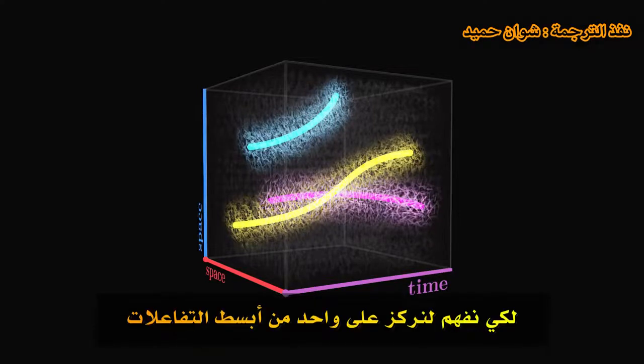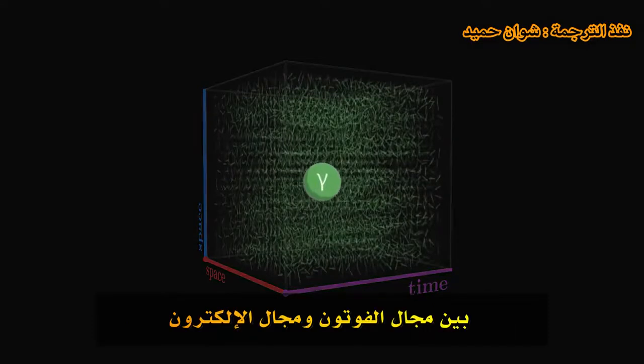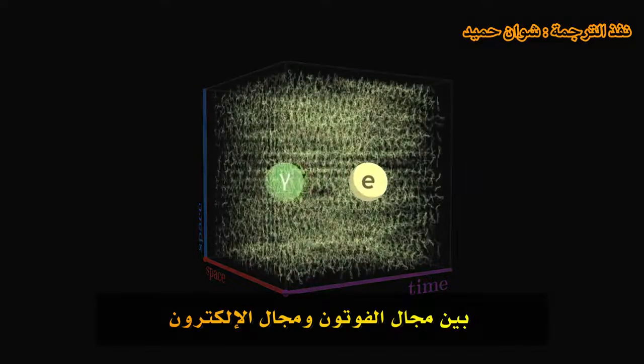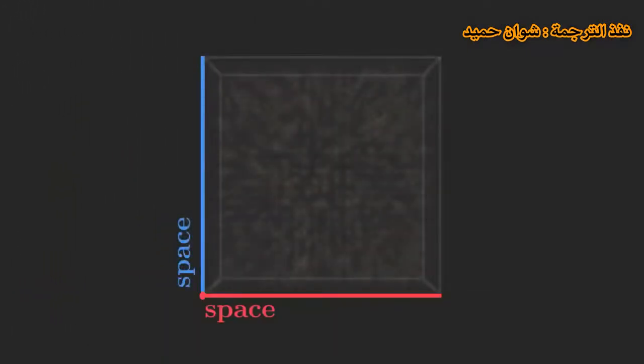To understand, let's focus on one of the simplest interactions between the photon field and the electron field. We will allow an electron to emit or absorb a virtual photon, and vice versa. Allowing only this simple interaction will have drastic consequences. For instance, in the following situation.